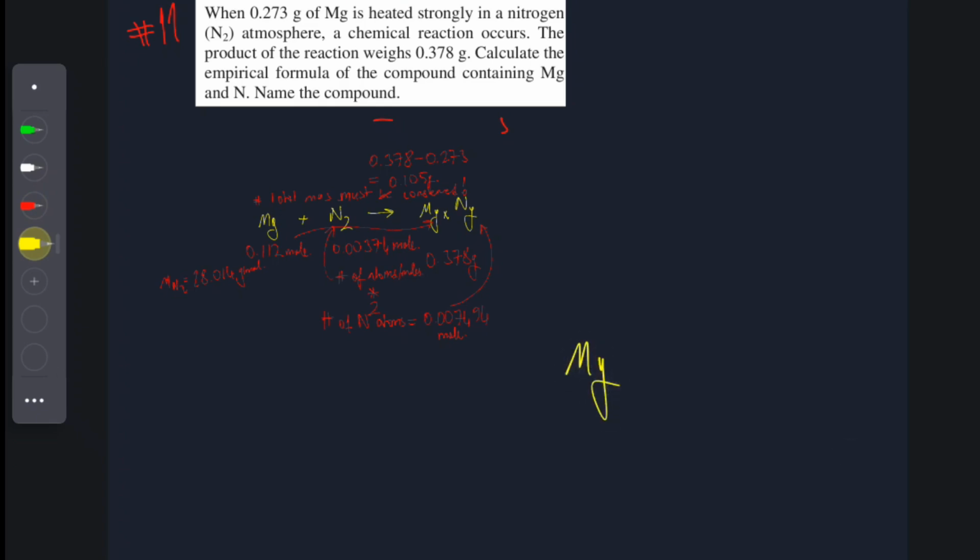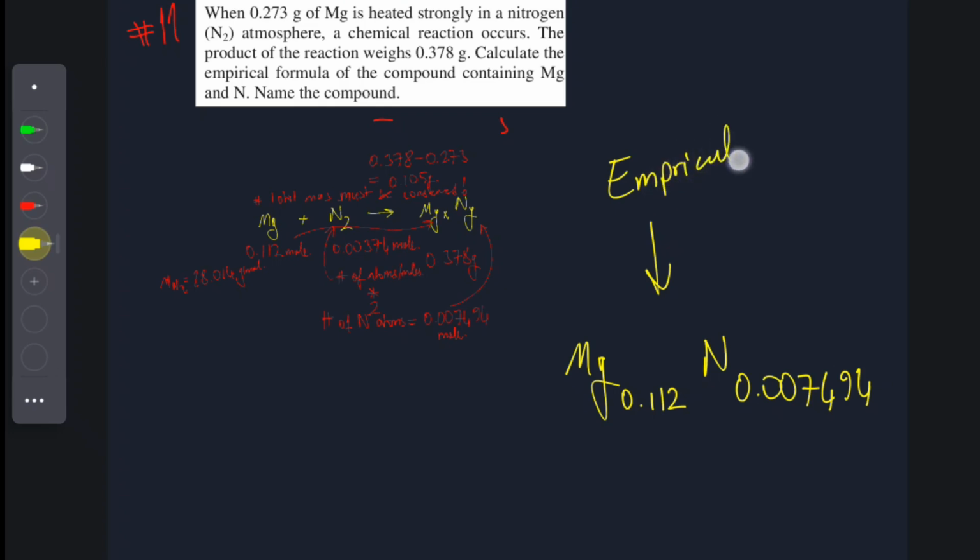Since magnesium is 0.112 and nitrogen is 0.007494, I want to write an empirical formula.